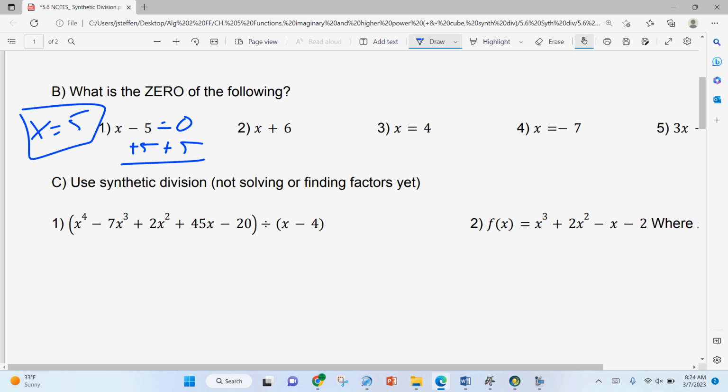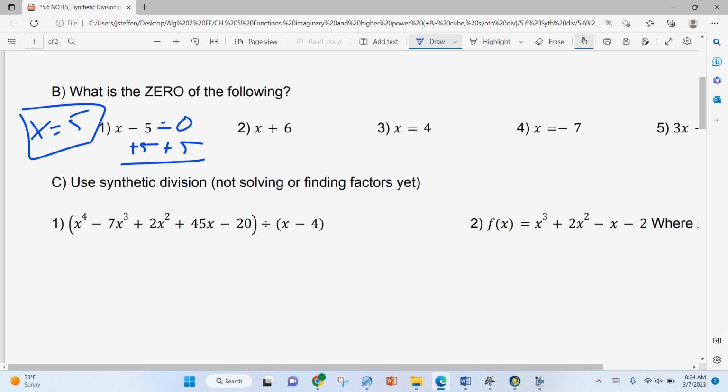I don't want you to look at it necessarily as this is a -5, so your answer is a +5. Because occasionally if you get one that does have a leading coefficient like number 5, that can kind of confuse some students. But the fact of the matter, that's what it is. X minus 5 equals 0. So we solve that, you get x is 5 is your 0. Okay, hopefully not too bad.